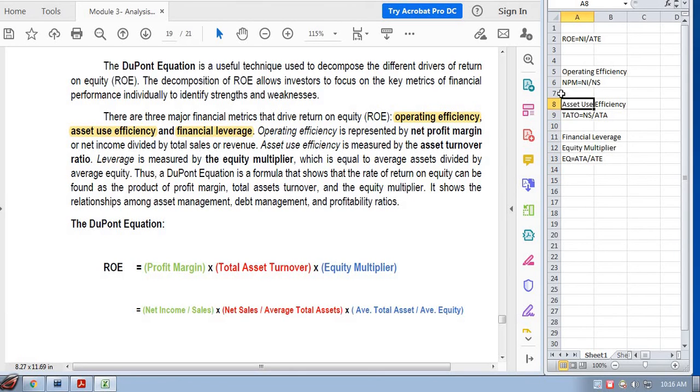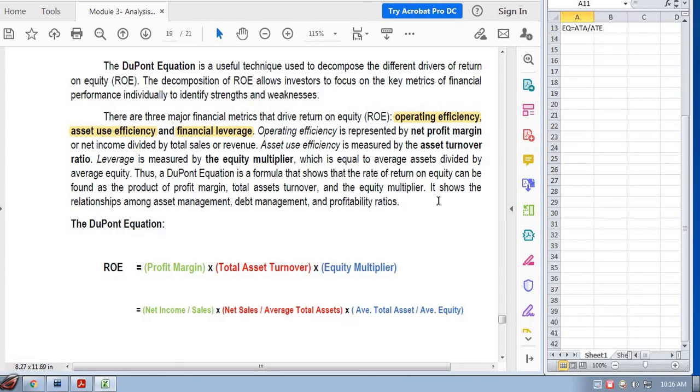So, basically, this will result to ROE. Na yung basic formula ng ROE natin in the previous lesson is net income over average total equity. Pero dito sa DuPont equation, we will analyze this based on the three indicators, namely operating efficiency, asset use efficiency, and the financial leverage. Okay, so will this yield the same result? The same kaya yung result nito?